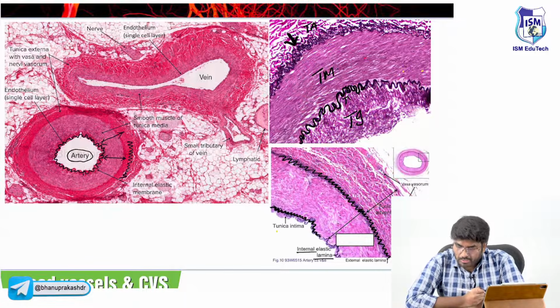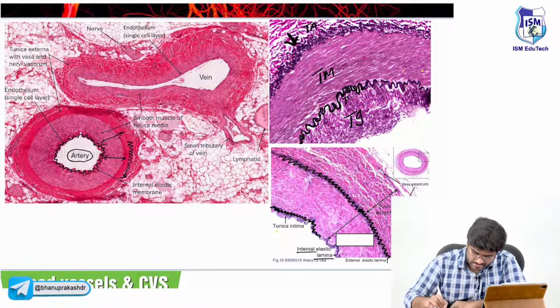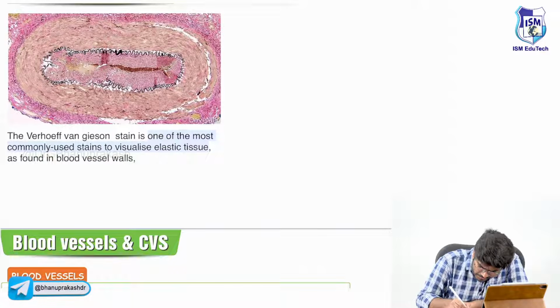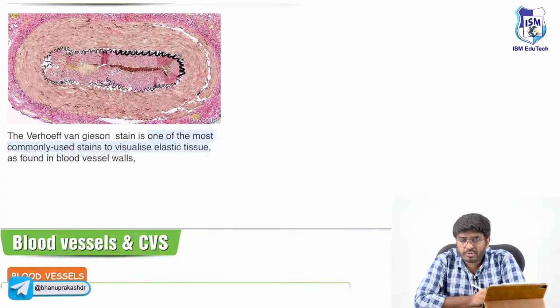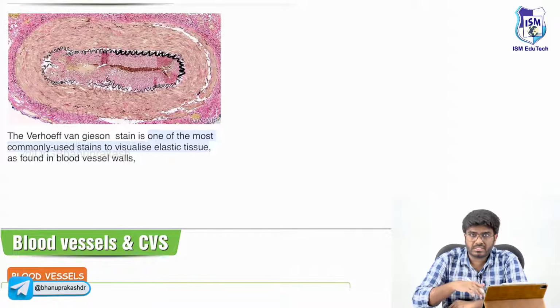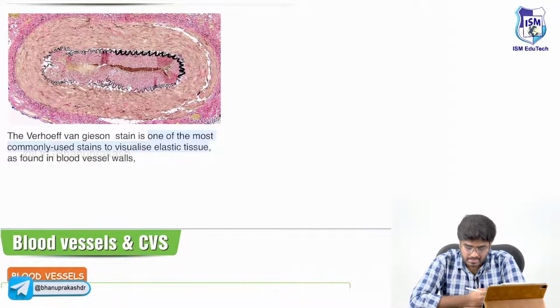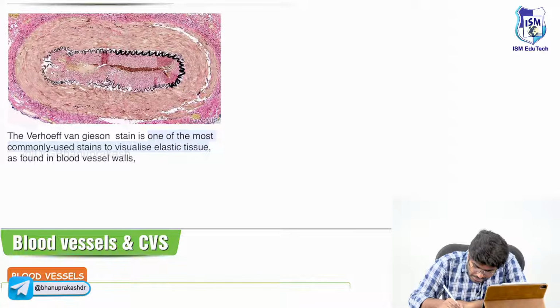Now in your exam they can ask you, these elastic fibers are visualized with which stain? MCQ. The histology which I am showing you is actually a vascular pathology, a type of vasculitis, which we will discuss later. But here, are you able to appreciate these wavy fibers, the internal elastic lamina?